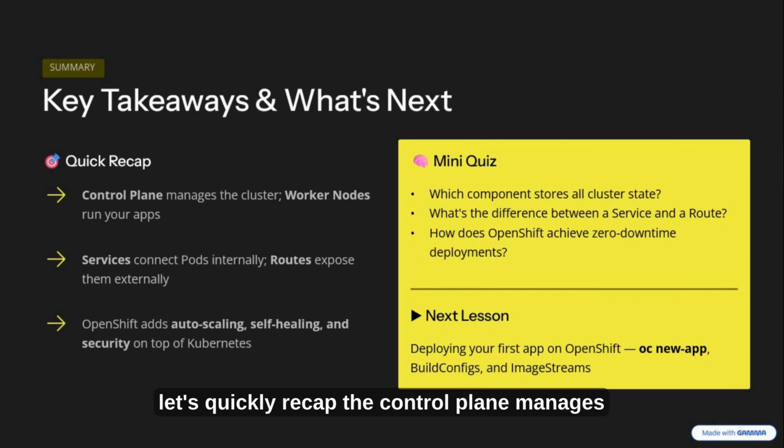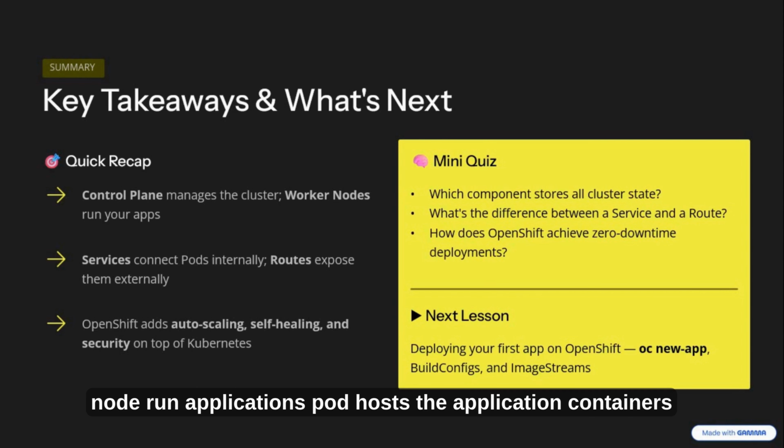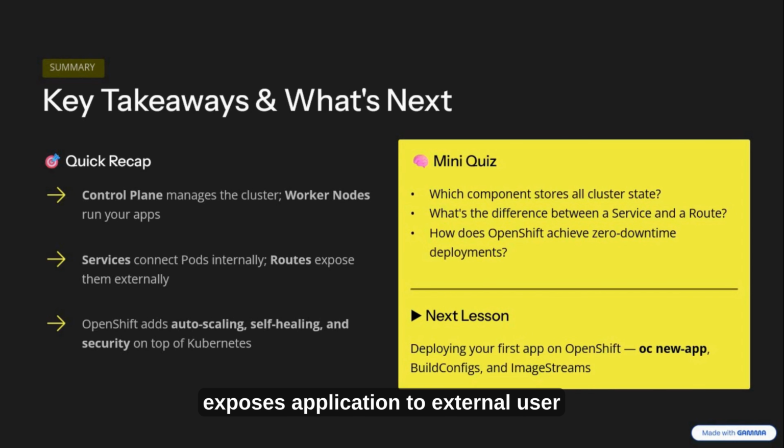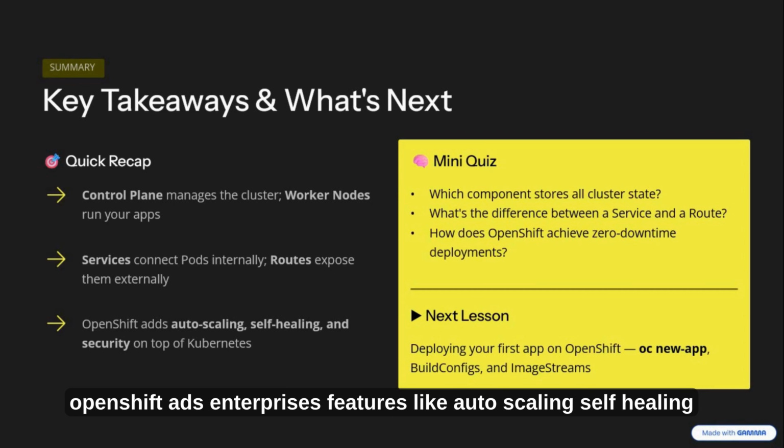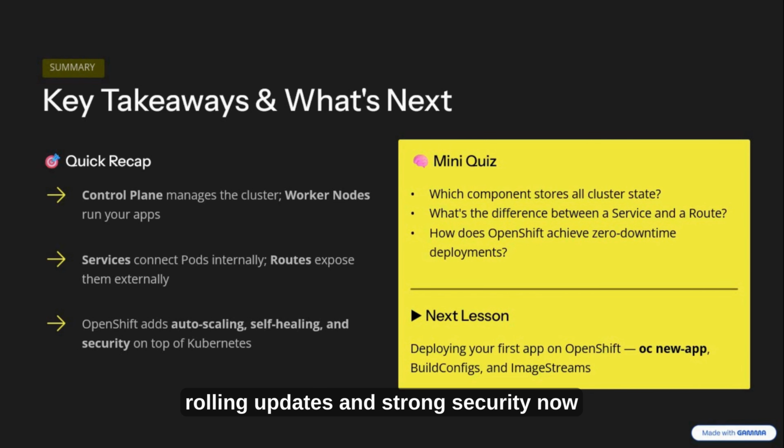Let's quickly recap. The control plane manages the cluster. Worker nodes run applications. Pods host the application containers. Services enable internal communication. Routes expose applications to external users. OpenShift adds enterprise features like auto-scaling, self-healing, rolling updates, and strong security.